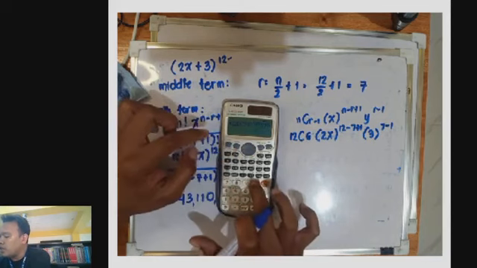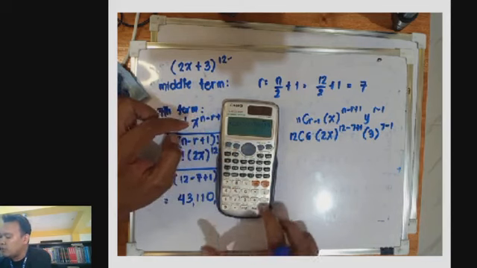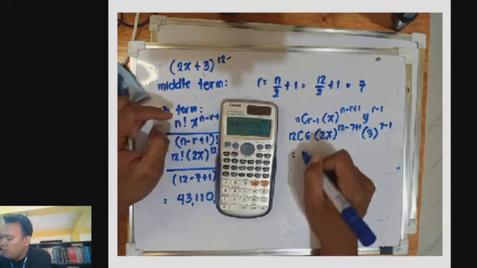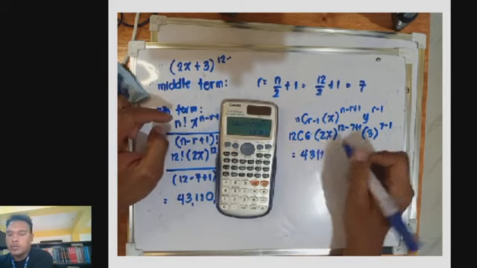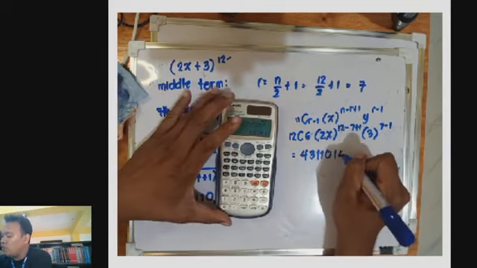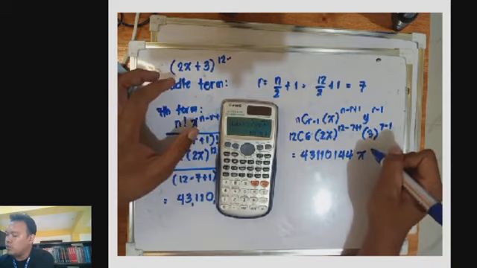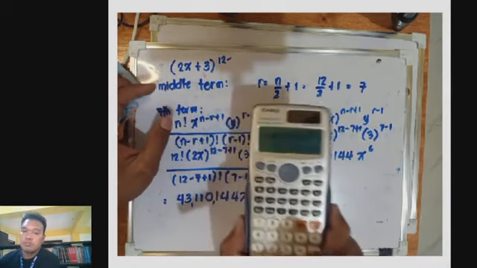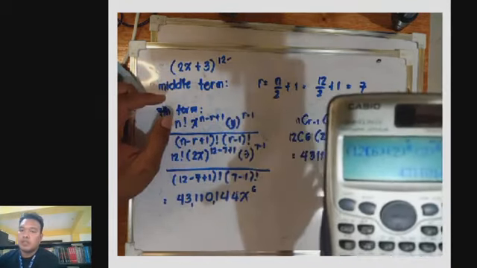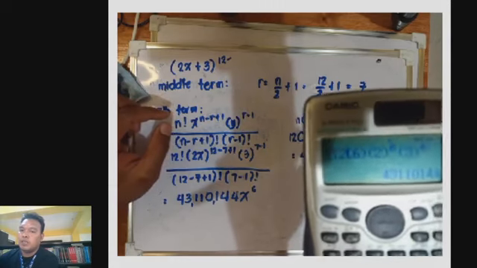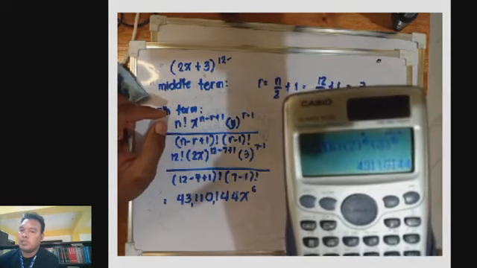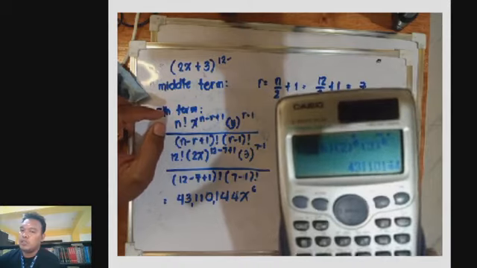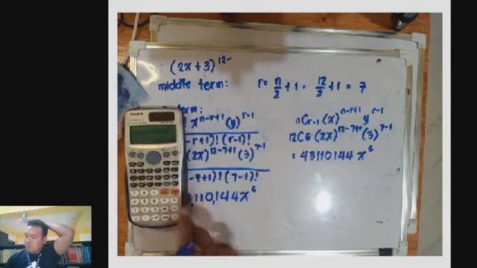No? Para makita niyo kung paano nilagay sa calculator. So, we have 43,110,144 x raised to 6. Pag nilagay sa calculator, we have 12 C6 times 2 raised to 6, 3 raised to 6. No? Ito yung answer.